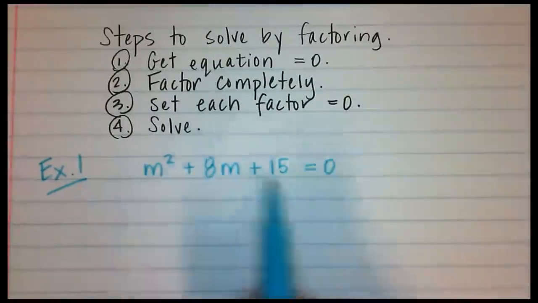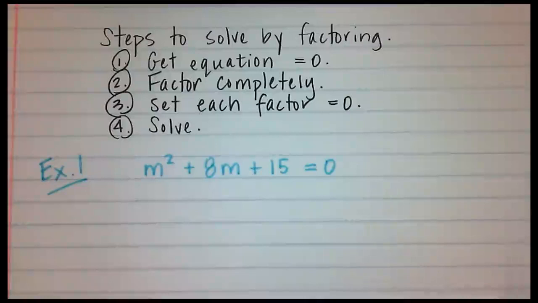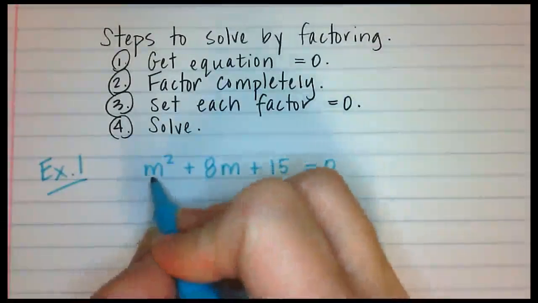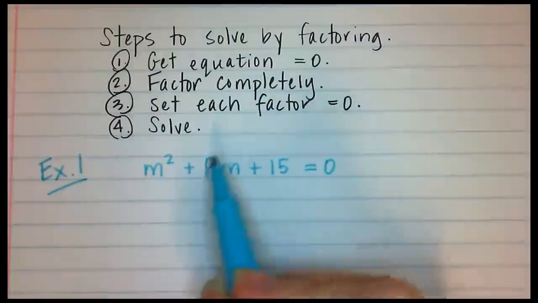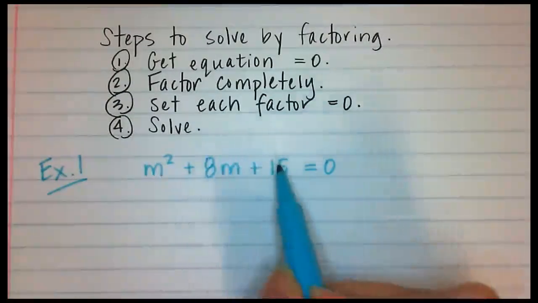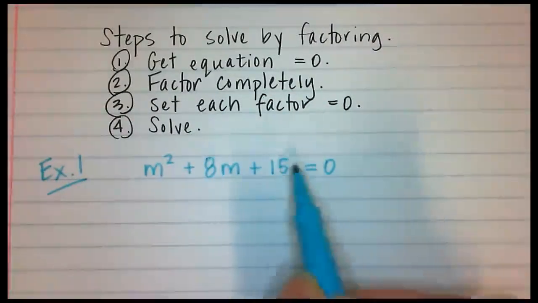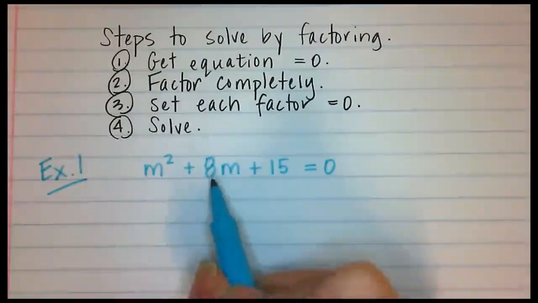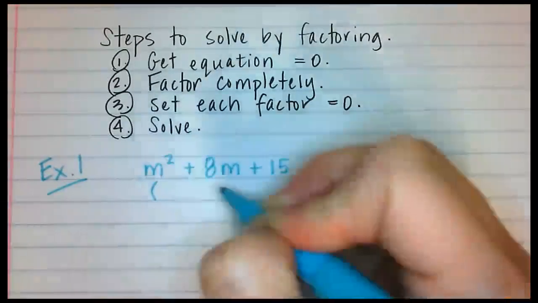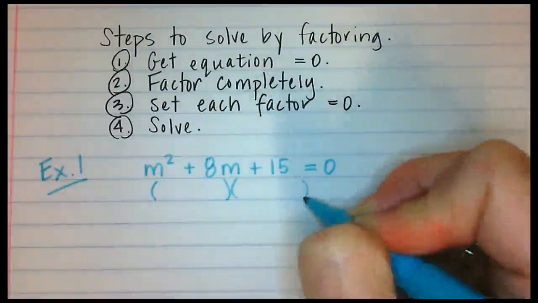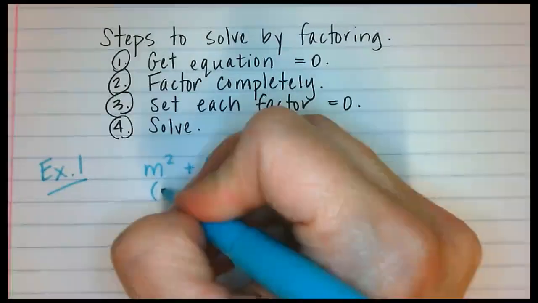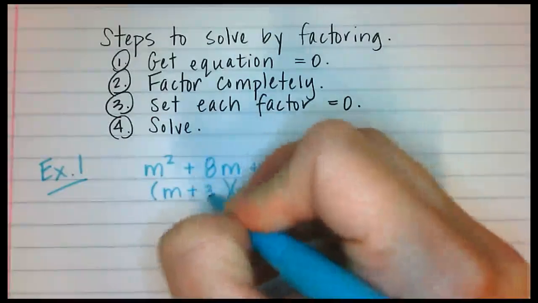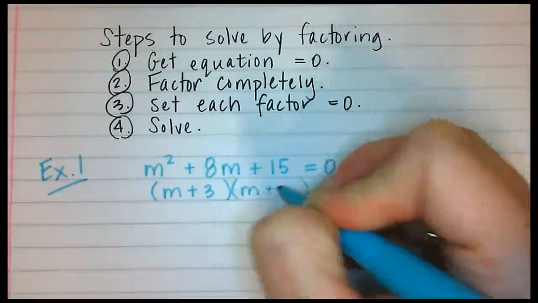We start by looking for a GCF, and there isn't one. So now we need to factor this trinomial. I'm looking for factors of 15 that will add up to 8. What will multiply to be 15 and add up to 8? Hopefully you are thinking 3 and 5.